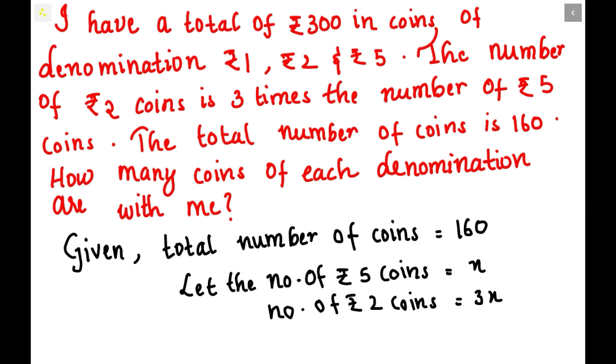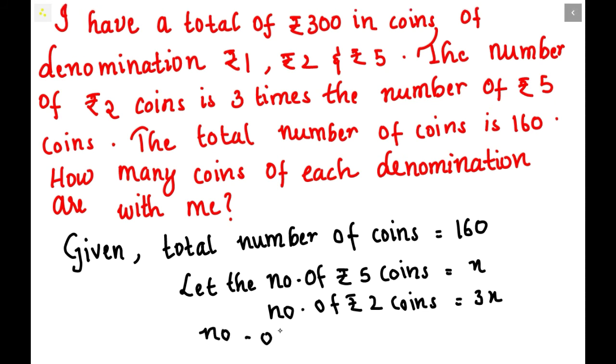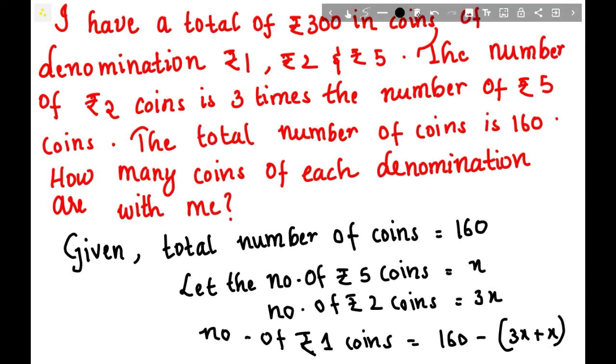So let us write the number of 1 rupee coins will be equal to the total number of coins minus the number of coins of 2 and 5, that is 3x plus x. So let us solve it further on the next page.